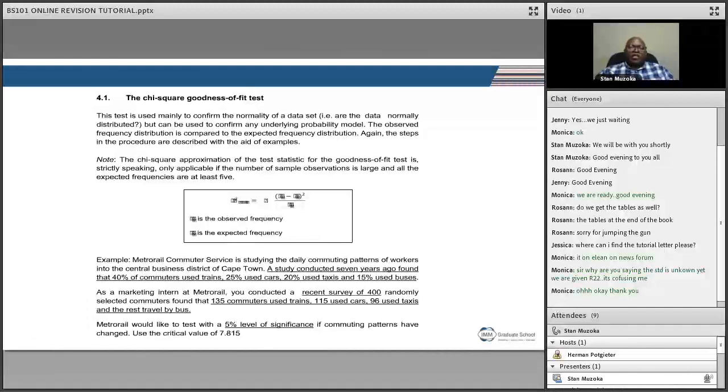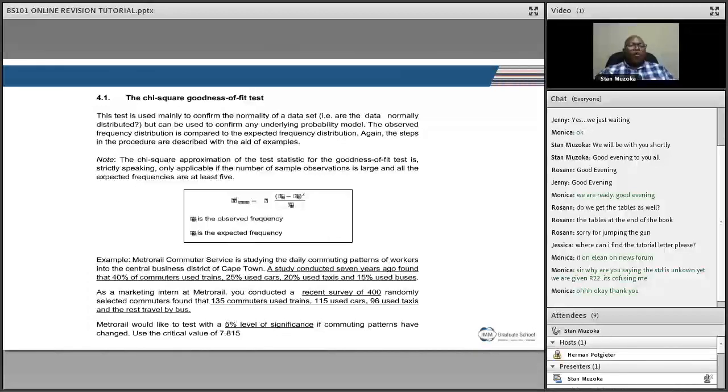Do we normally get ladies driving bakkies? If there is that association, then we say yes. If there's none, then we say gender and type of car are definitely independent.